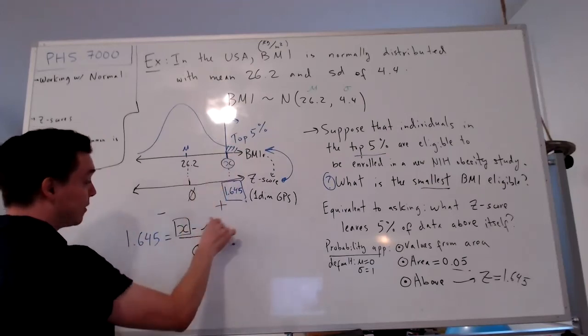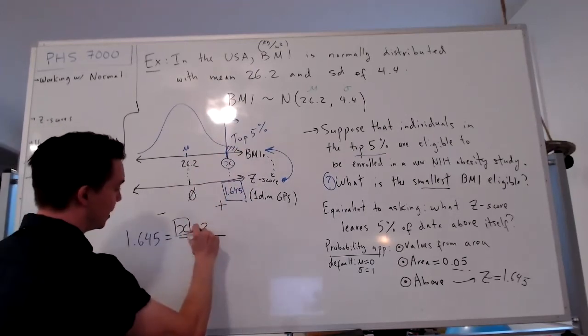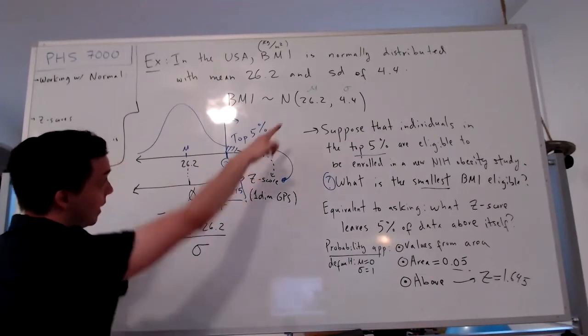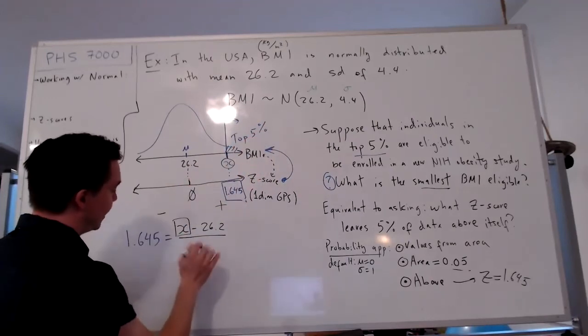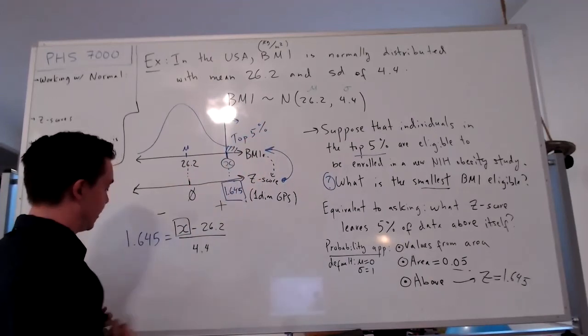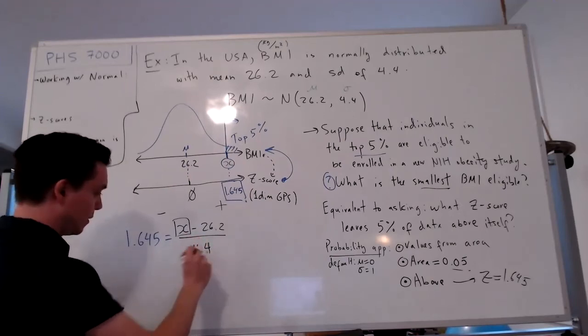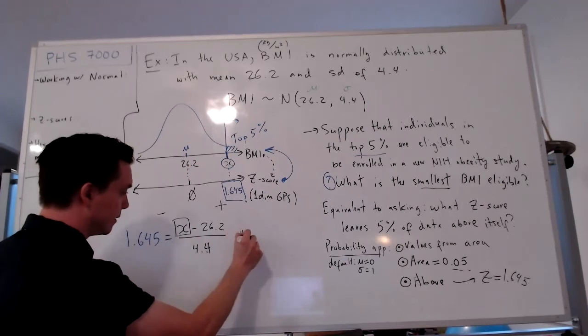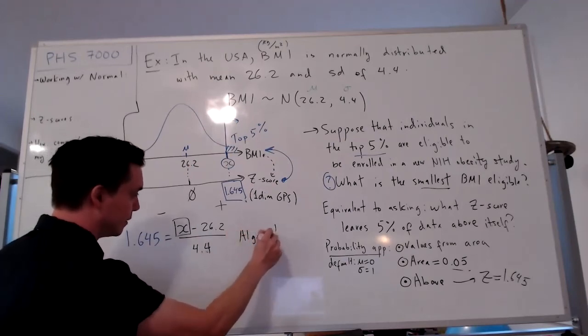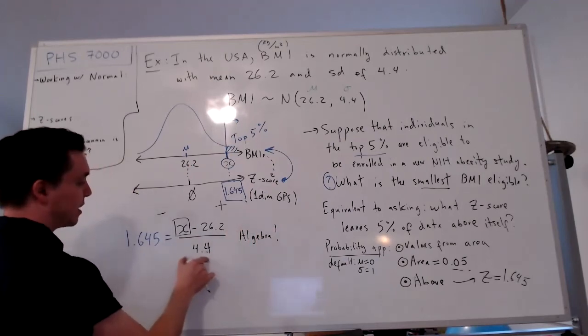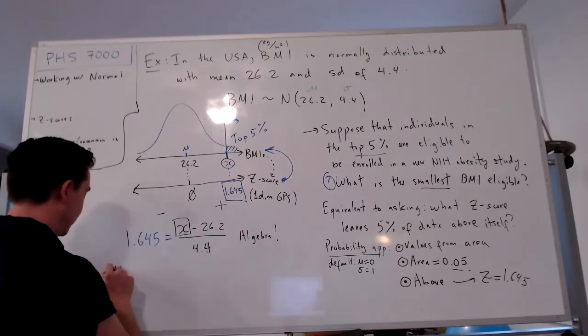right? But I have the mean. I know what the mean is, 26.2. I know what the standard deviation is. It is 4.4. At this point, algebra. All right, multiply both sides by 4.4.